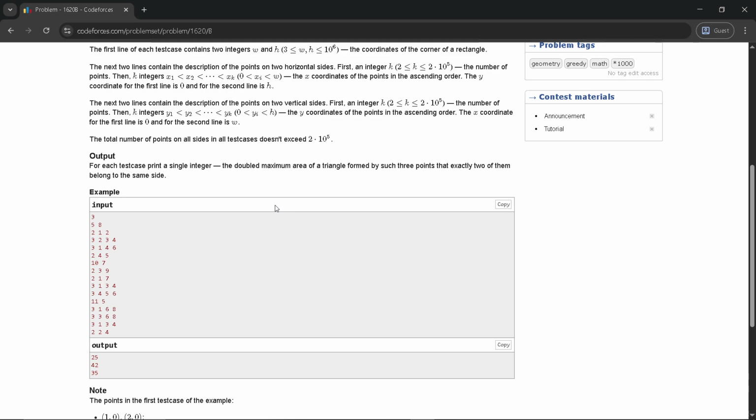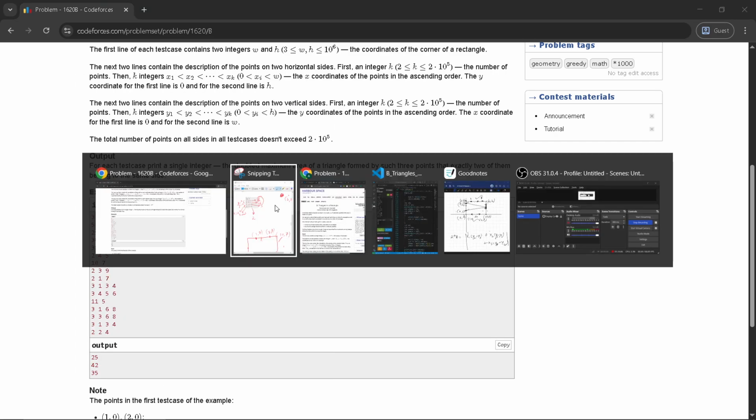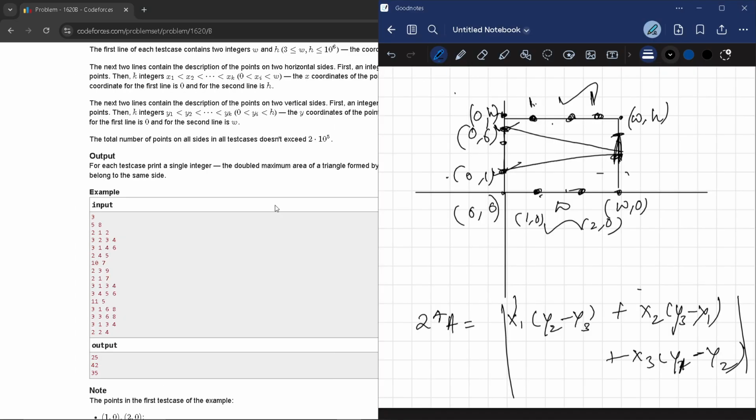Hmm. Okay. The thing is that if I go for taking these two as my base, then my height is automatically found out as the distance between this thing.